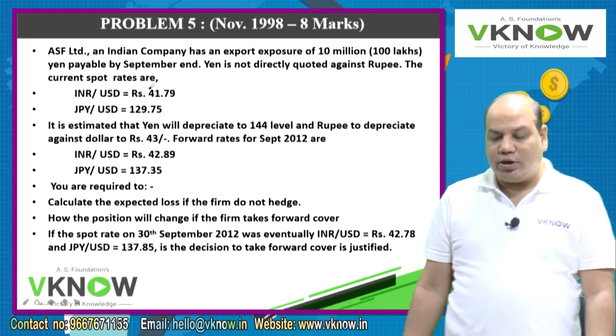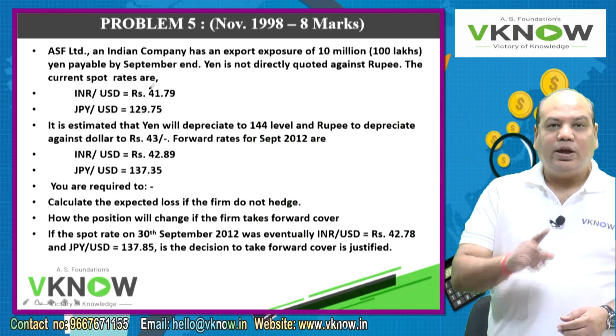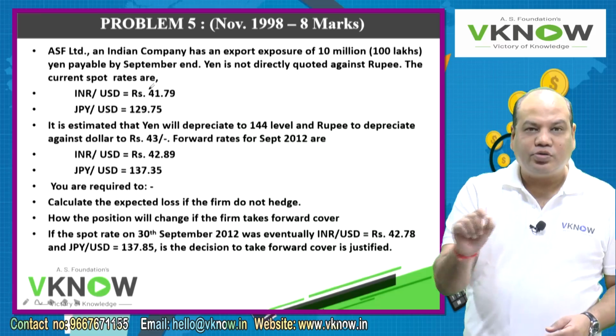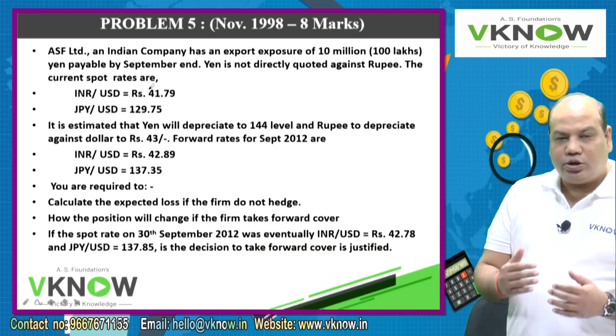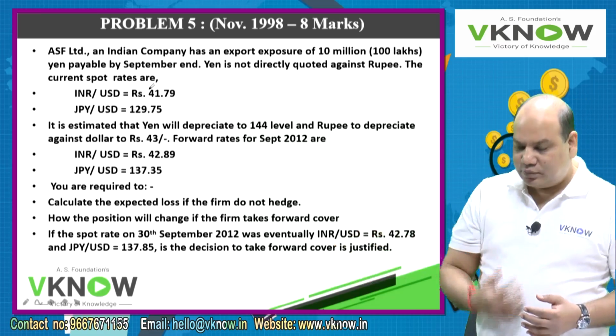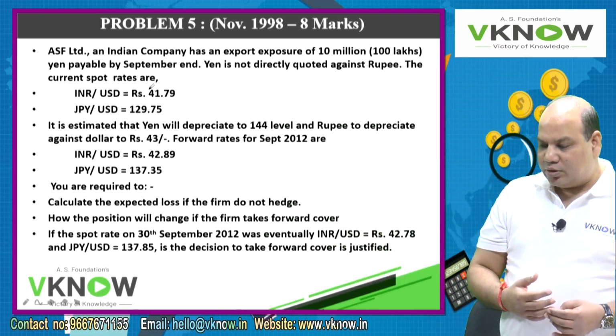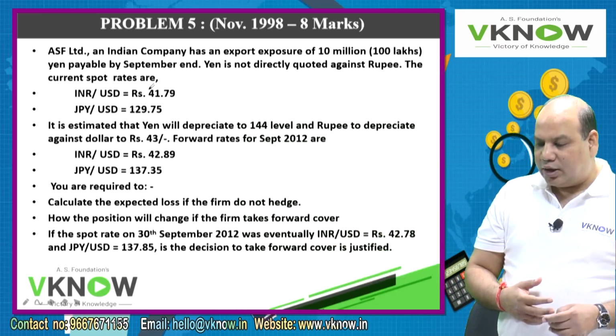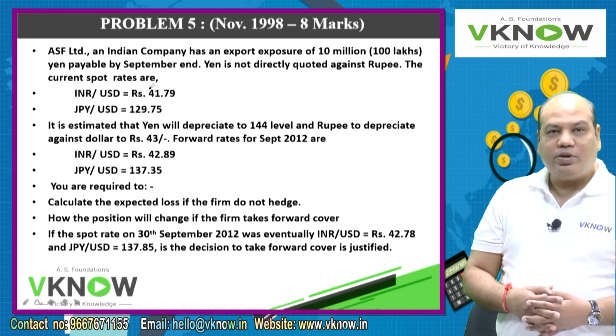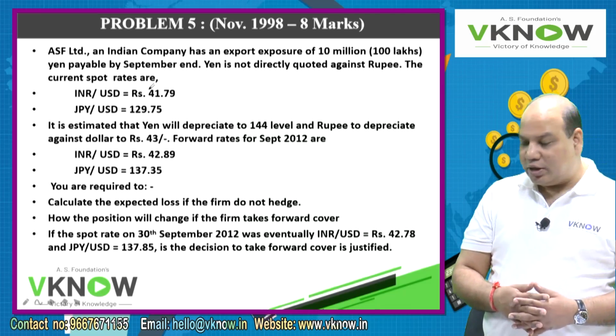ASF Limited, an Indian company, has an export exposure, underline export exposure. So it is going to receive payment of 10 million yen, that is 100 lakhs yen, payable by September end.